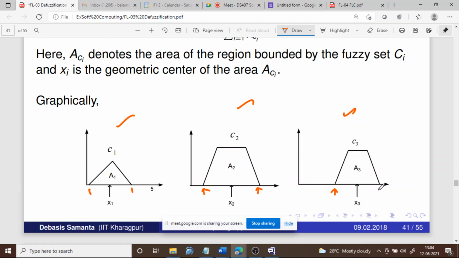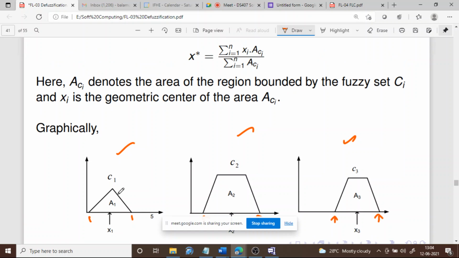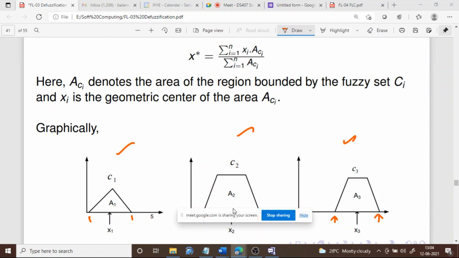Now, in the numerator it is x1 into the area under this curve plus x2 into the area under this curve plus x3 into the area under this curve, divided by the sum of all the areas, right? So this is how the center of sum method works.